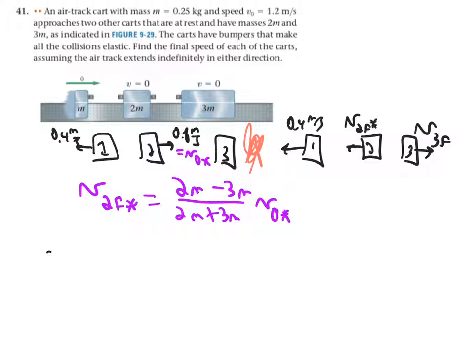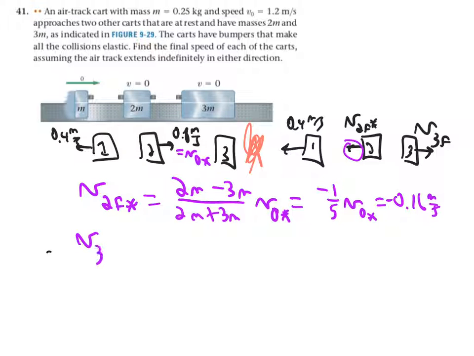Again, the idea is to just not have the same symbol mean different things. So this becomes minus 1/5 V0 star, or minus 0.16 meters per second. And again, remembering that our actual final result is really 0.16 meters per second, because the minus sign is being caught up by that arrow.